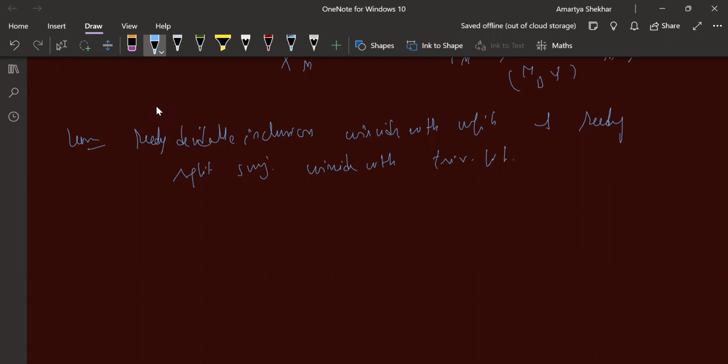If we consider the pair of classes of Reedy desirable inclusions and Reedy split surjections, it is cofibrantly generated and will be a weak factorization system.